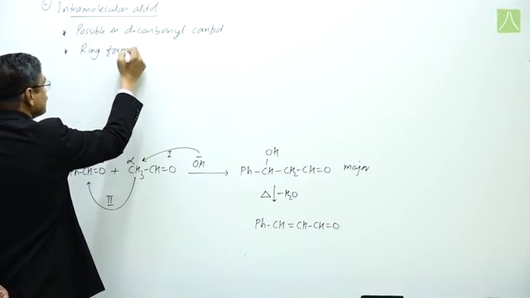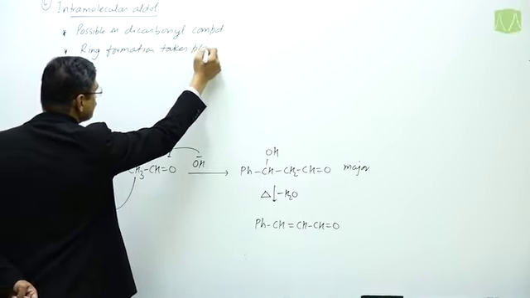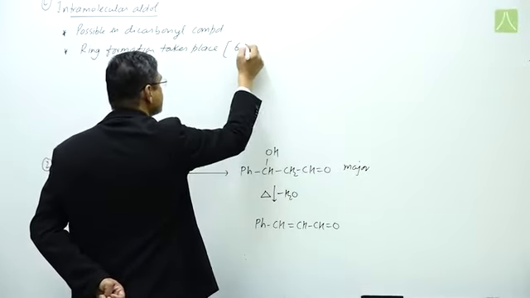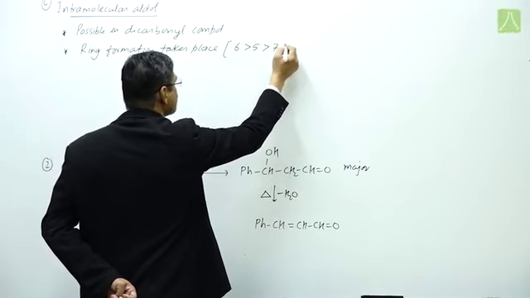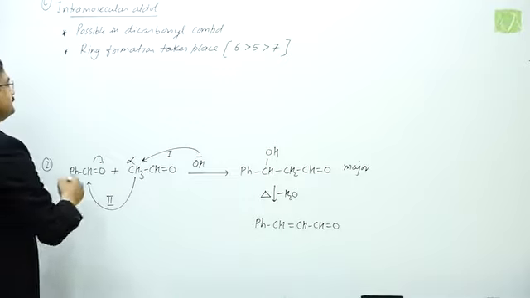Ring formation takes place. The preferable size of ring is 6, 5, then 7. This is the preferable size of ring.